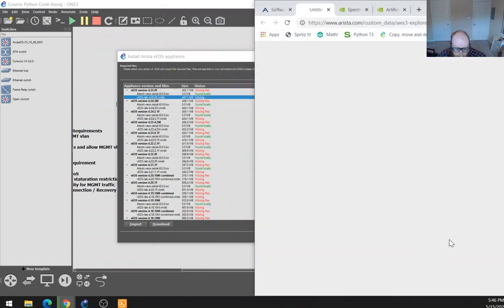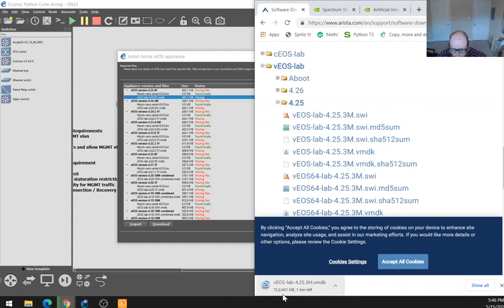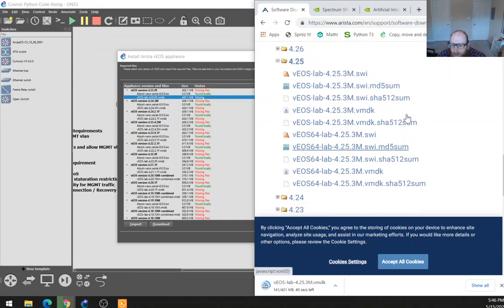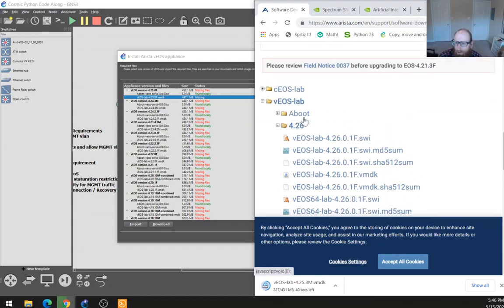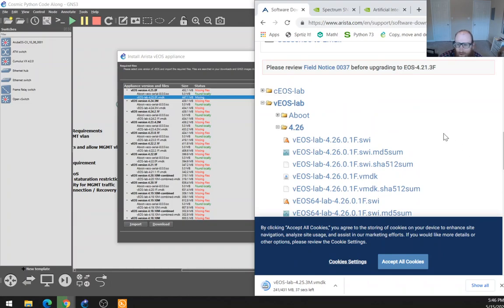Alright, let's just go with it. It's 4.3.1.0. Okay, so I guess I'll just change this 3M to 0F and maybe that'll work. I can change this to 2.5. I don't know.